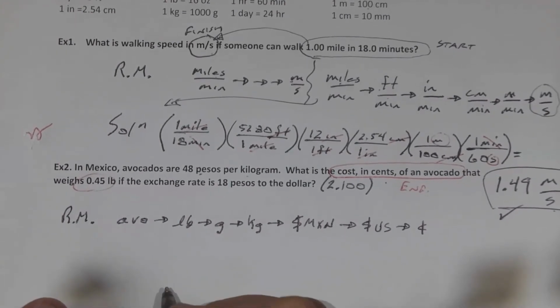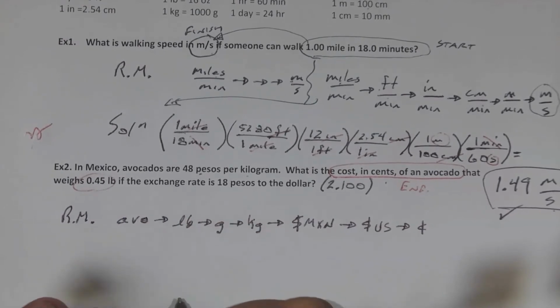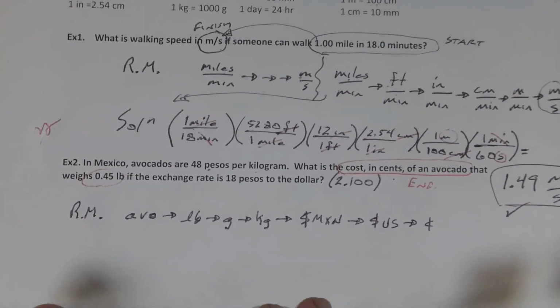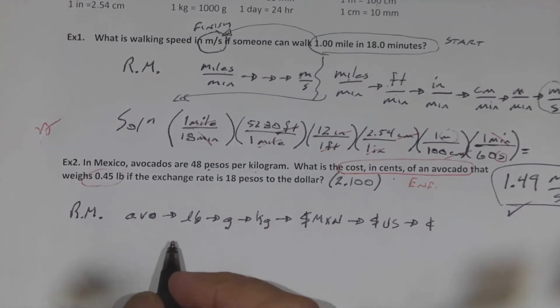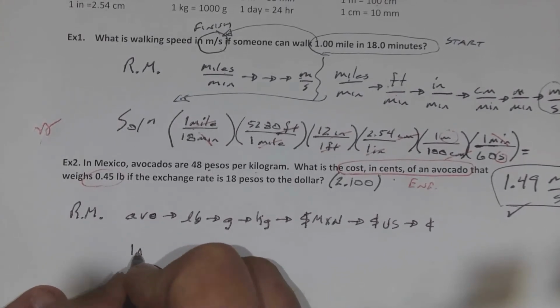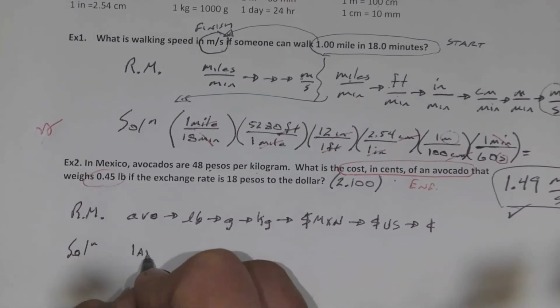All right, so is that going to work for us? Well, it's an unusual dimensional analysis problem, but that's exactly what we want to be able to do, apply this to anything on the fly. Okay, so I will say that I'm starting with 1 avo. Here's my solution. 1 avo.